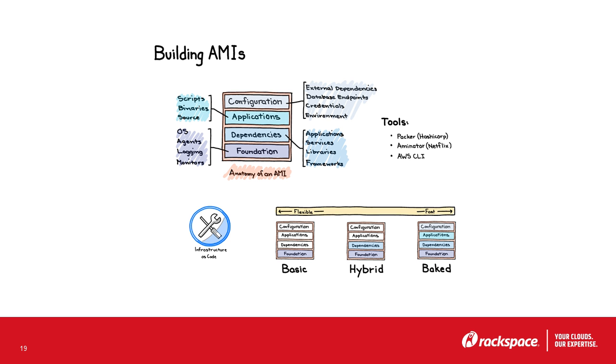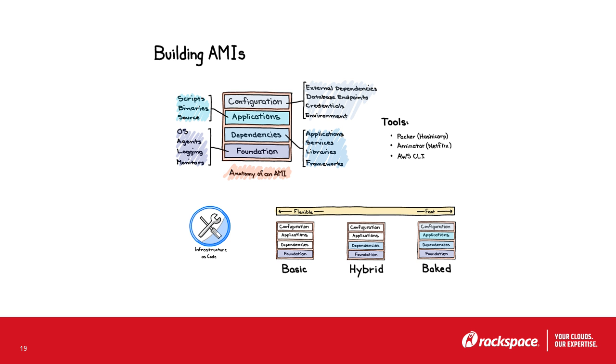There are different ways of deploying or using that AMI in AWS. In a scalable environment, you can use, as demonstrated in the lower right-hand corner here, a basic AMI, which consists mainly of just those foundational components, and then at runtime you bootstrap your instance. When the web instance comes online, it has the operating system.